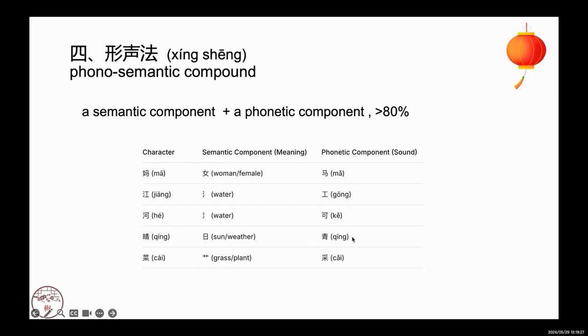If we reuse the pronunciation from the right part, then the character pronounces like 晴, just a little bit different in the tone. So simply speaking, one part takes care of the meaning, another part takes care of the pronunciation.